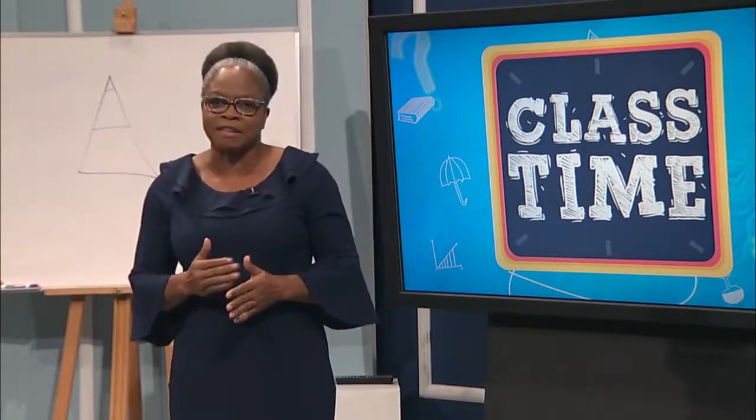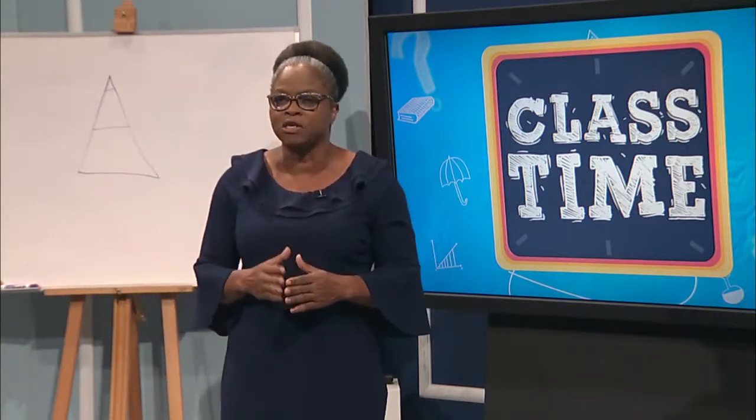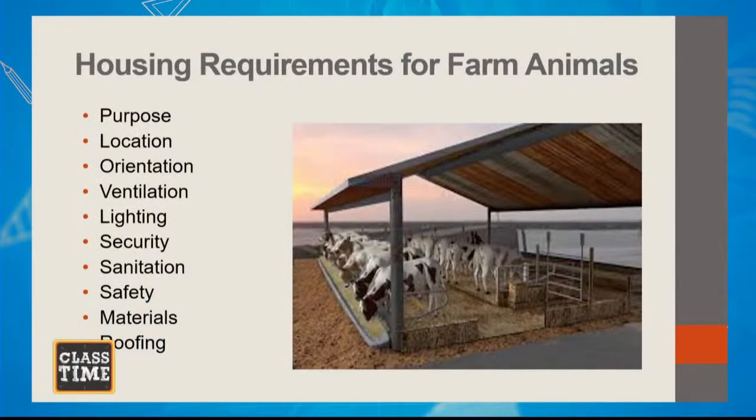We need to understand that the requirements are important. So before we go in to build a house, we need to look at the requirements that we need to put in place. We already went through the purpose. We know that housing for animals must provide protection from adverse weather condition and also from predators.